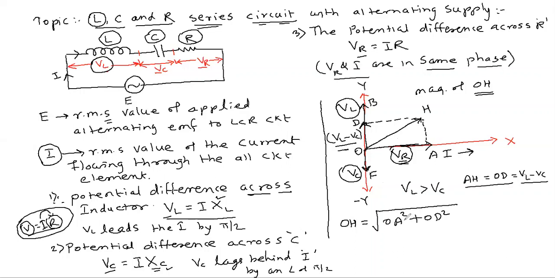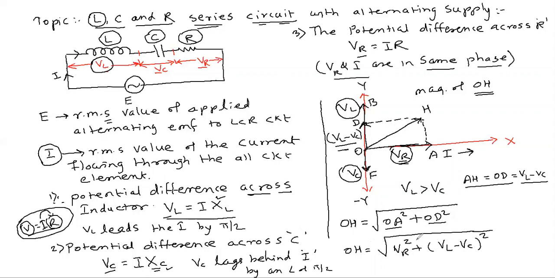Now put the value of OA. OA is nothing but VR. So OH is equal to square root of VR square, the potential difference across the resistor R, plus VL minus VC bracket square. Understood? By putting the value of OA and OD, we get VR square plus VL minus VC bracket square. And since we want the value of OH, we have to take the square root of this one.